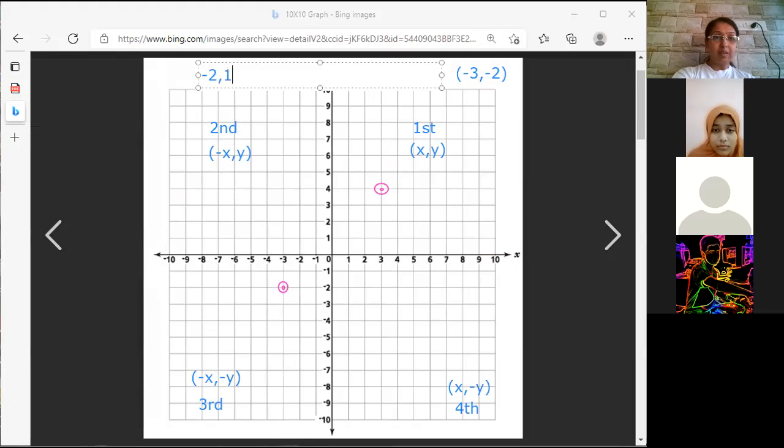Now tell me which quadrant this will come in? -x and y. Second quadrant. Very good. So -2 of my x and 1 of my y. Where is that point going to come? It is going to be here. Correct me if I'm wrong. Am I right? Yes, ma'am.